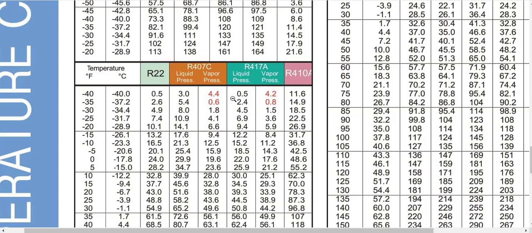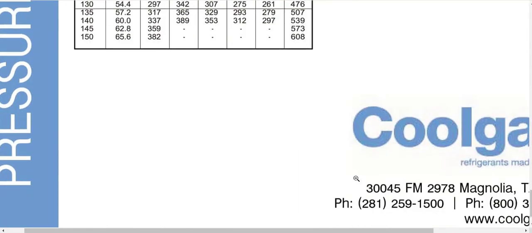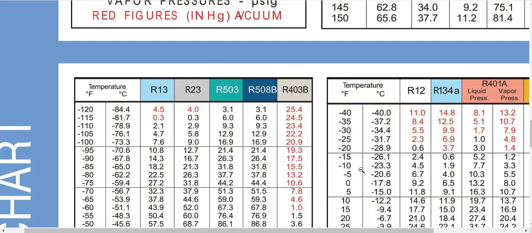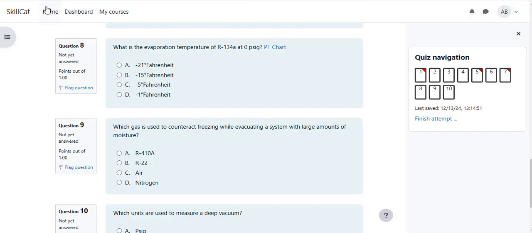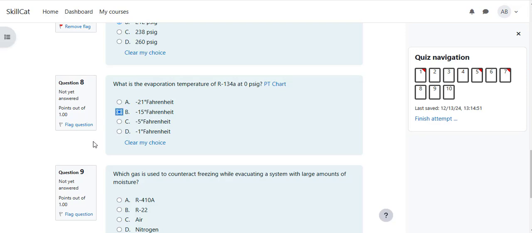Evaporation temperature, R134A at 0 psi. Okay, minus 17.8. So the nearest is minus 15.